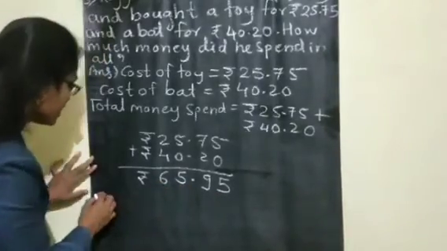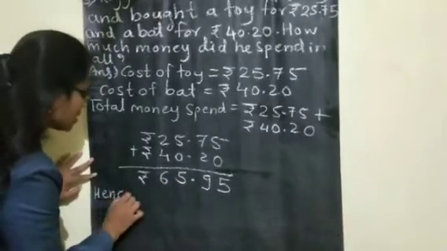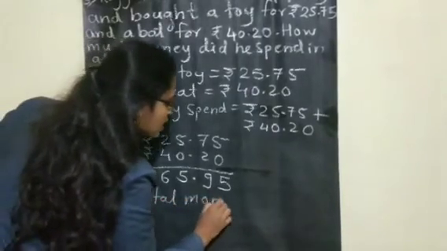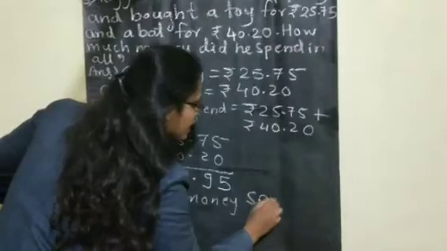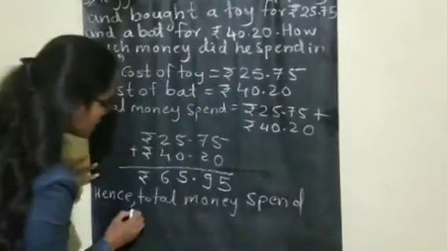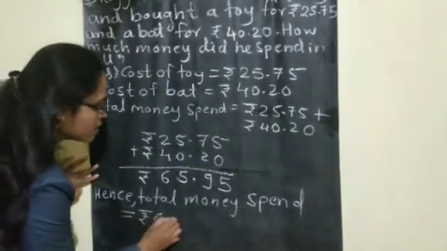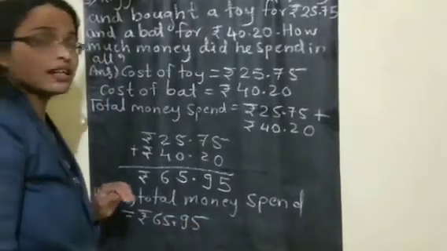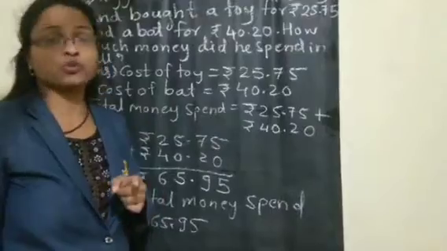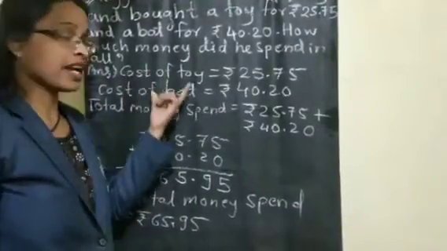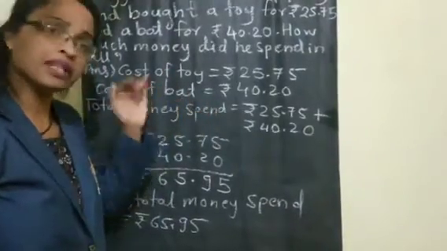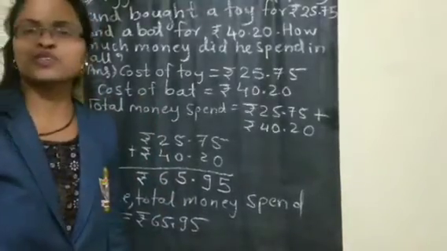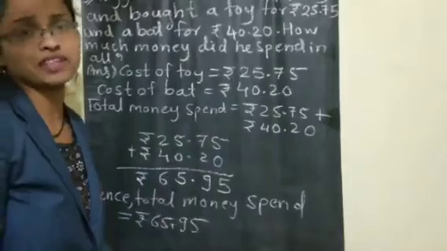So we have to write hence, total money spent is equal to rupees 65.95. Children, in the given part I already told you, you can write it another way also, but the meaning should be similar. And like this you people have to solve and complete your word problems.